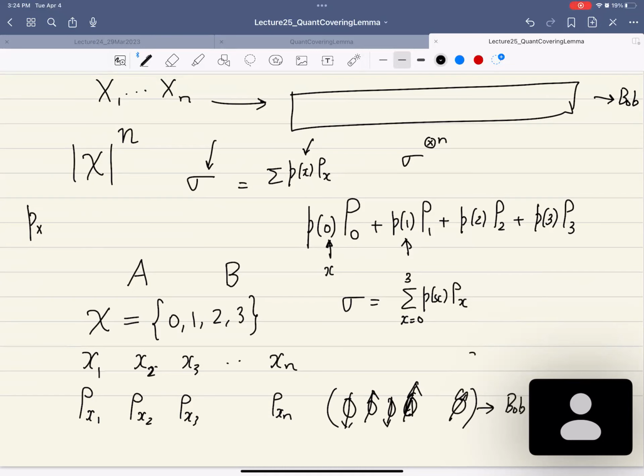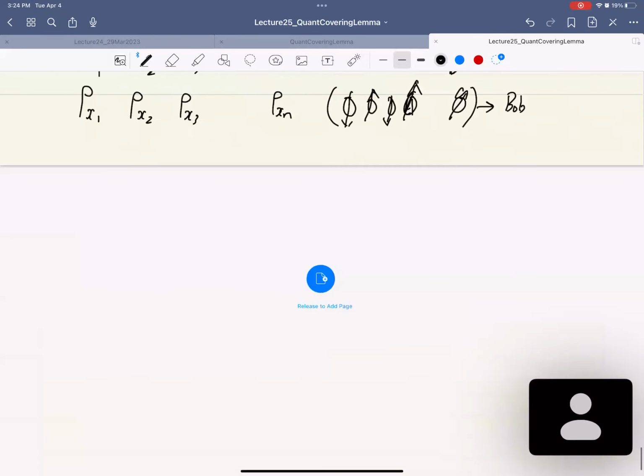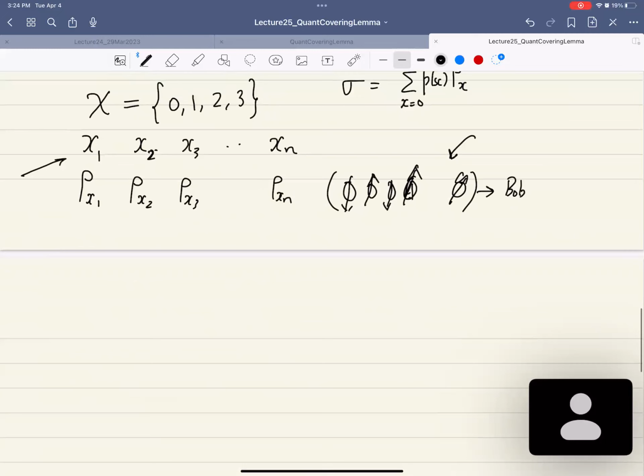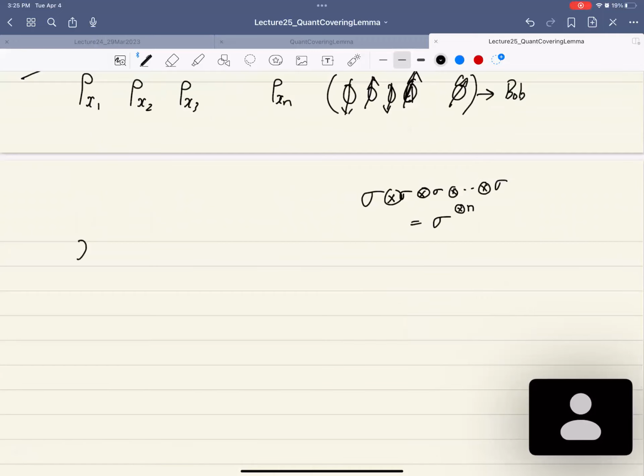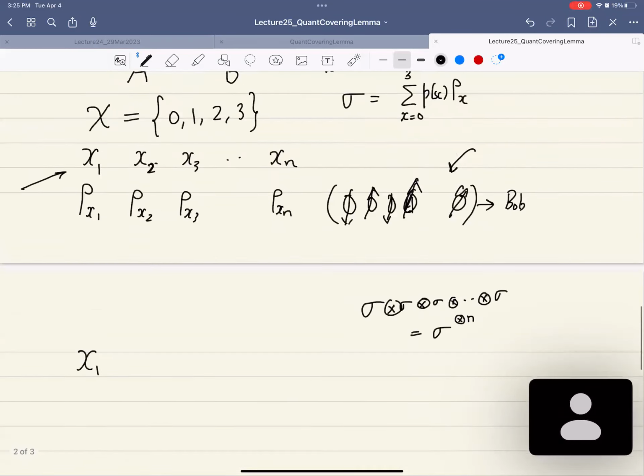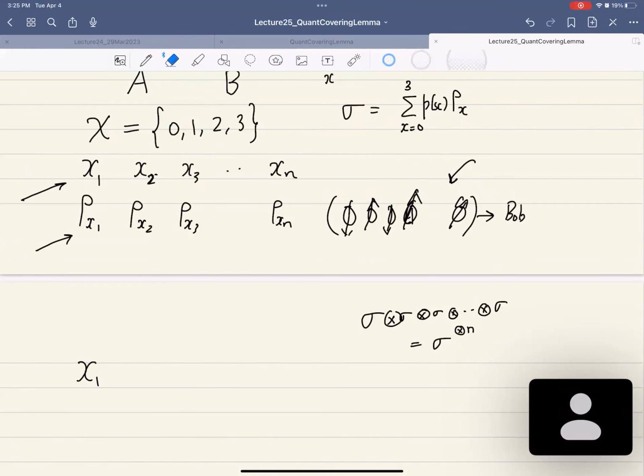What is the quantum state that Bob is seeing essentially, because there is randomness here? I claim he is seeing sigma tensor, sigma all the way until n times. Do you agree? Like, I didn't get why he should see sigma. See, she will pick x1. What is the first quantum state that Bob will see?